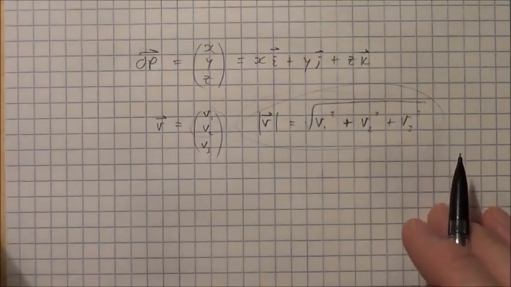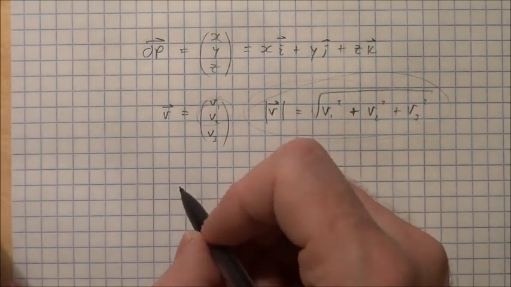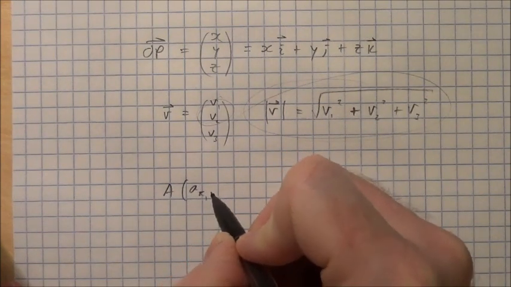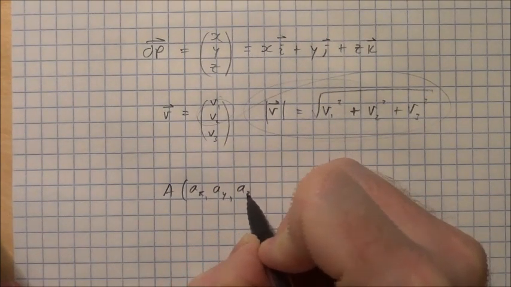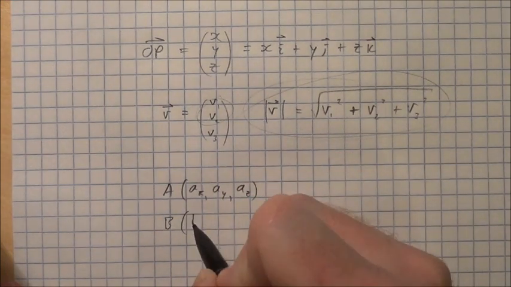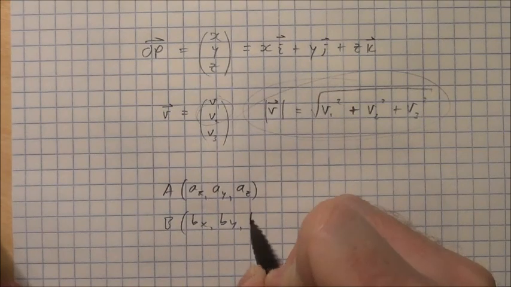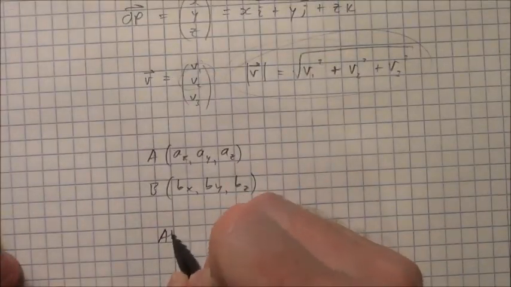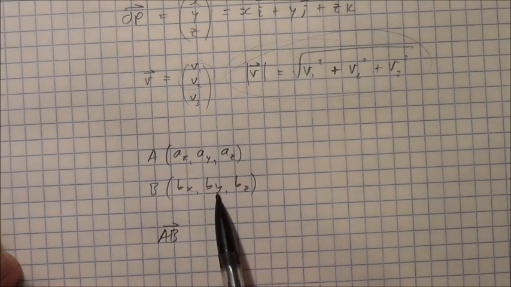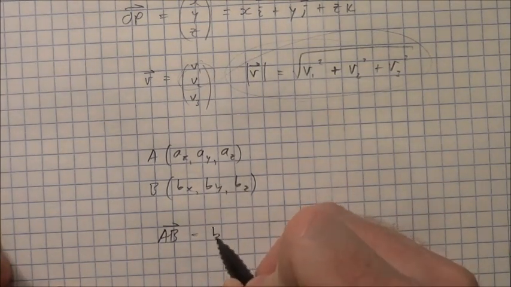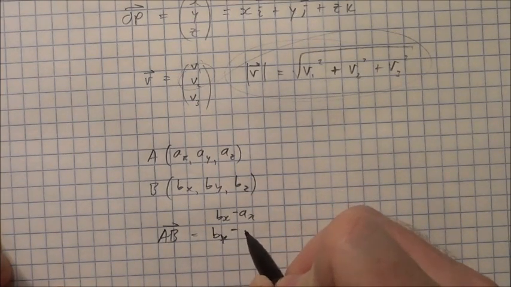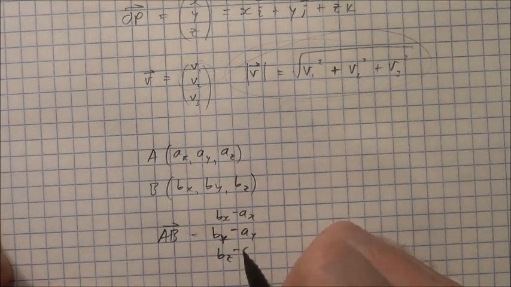And then the last little thing, if we want to get vectors between 2 points, well, again, if we have point A, which is (Ax, Ay, Az), and point B, which is (Bx, By, Bz), then our vector AB, where B is the head of the vector and A is the tail of the vector, would just be Bx minus Ax, By minus Ay, and Bz minus Az.